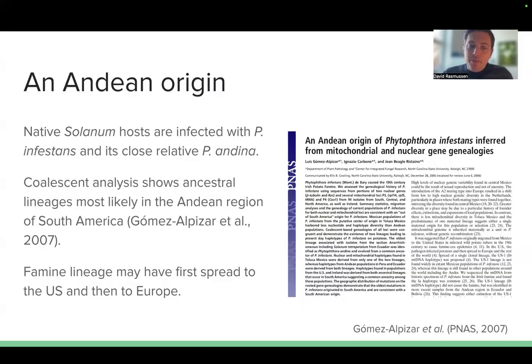And most of these trees supported an origin of this pathogen in the Andean region. And the analysis was interesting because it also implied that the pathogen may have ultimately gotten to Ireland and the rest of the British Isles through a route where it came up from South America into North America and then spread across the Atlantic to Ireland.